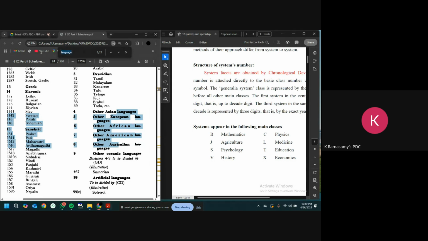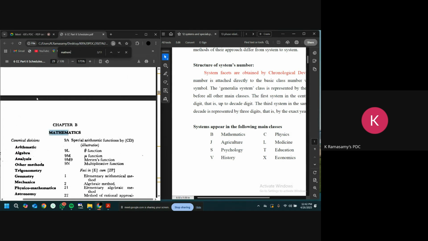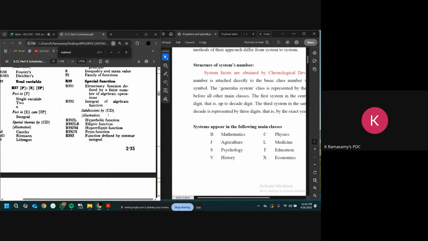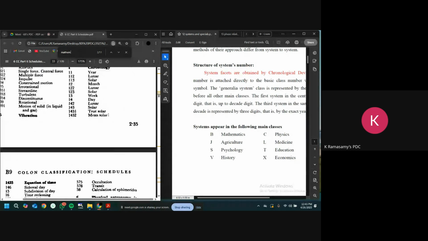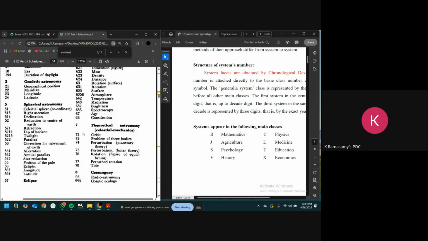For example, I'll show you a few examples. Let me go to mathematics. This is the main class mathematics. If you go to the end of the main class, you can see the systems and the specials if available. I have come to the last page.